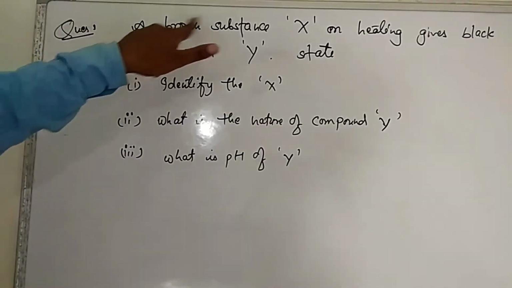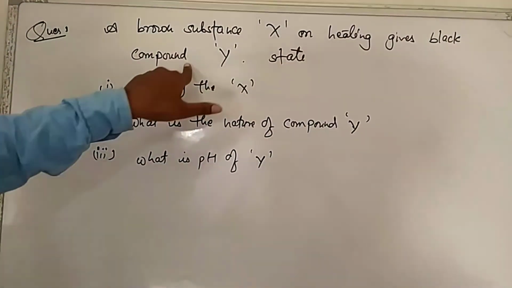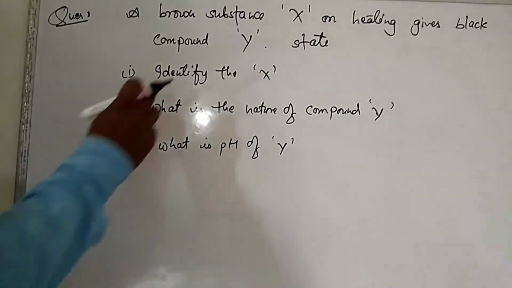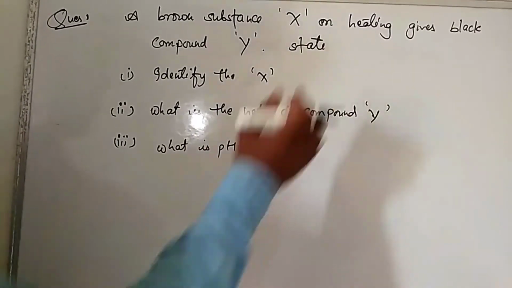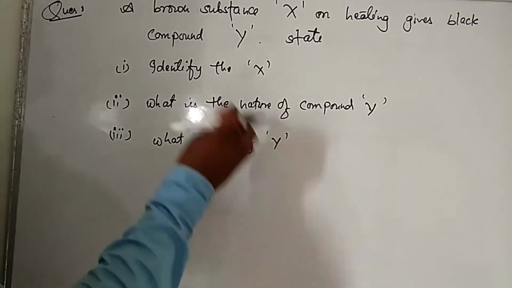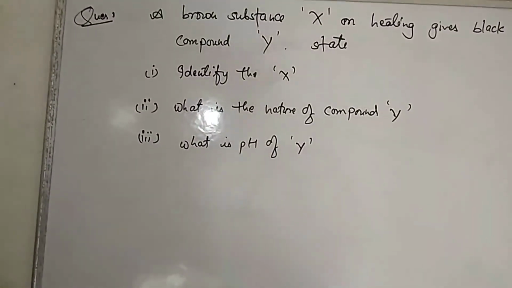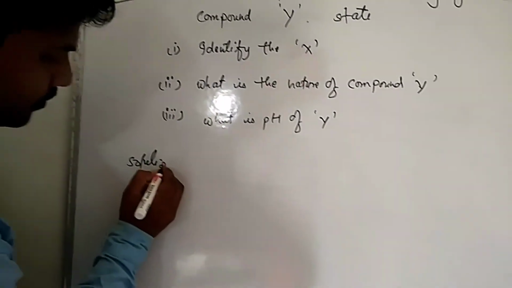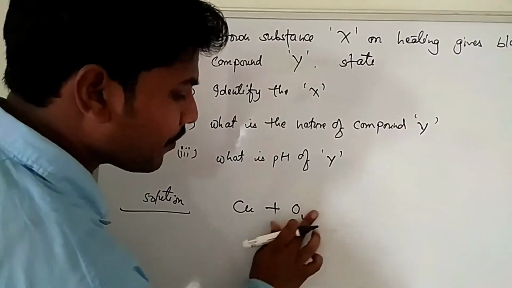A brown substance X on heating gives black compound Y. Identify X. What is the nature of compound Y and what is the pH of Y? As I explained earlier, copper metal is brown in color.